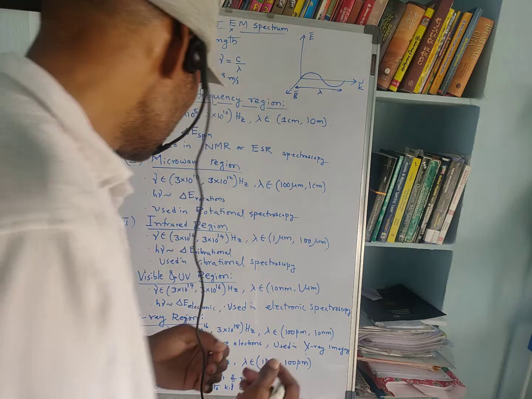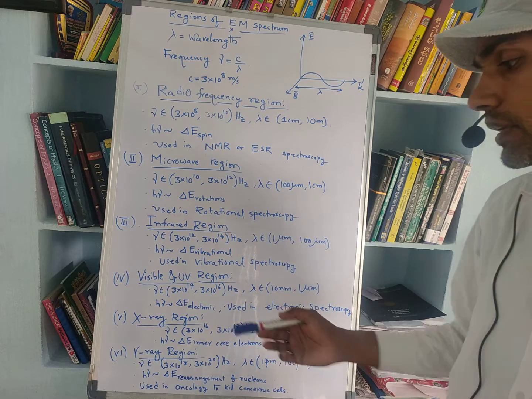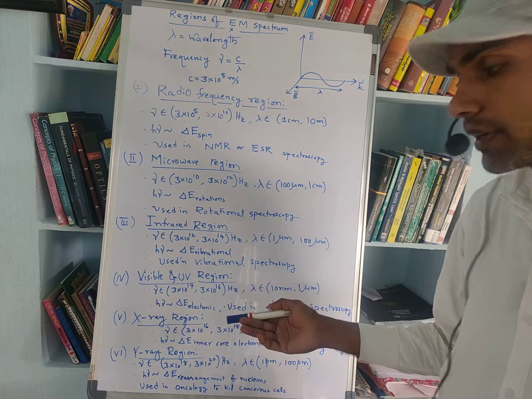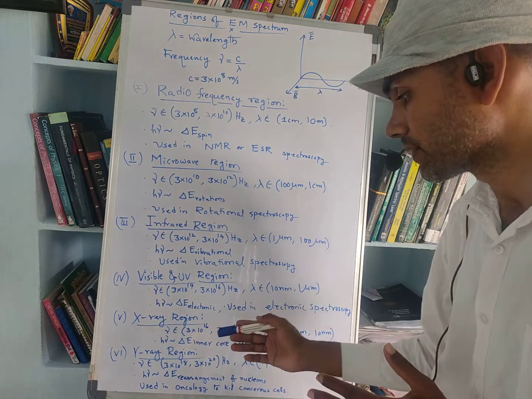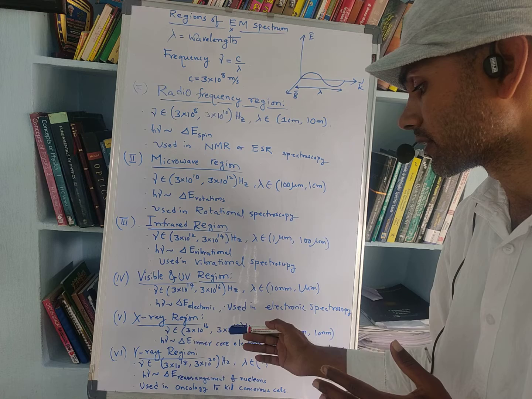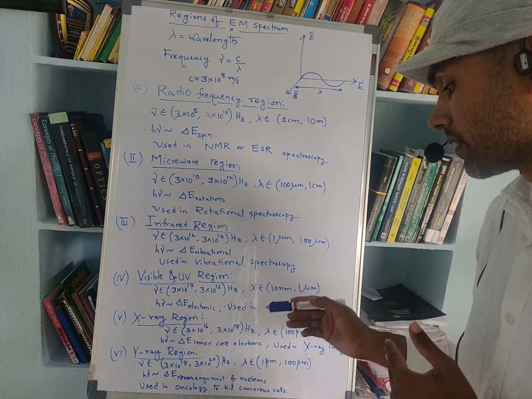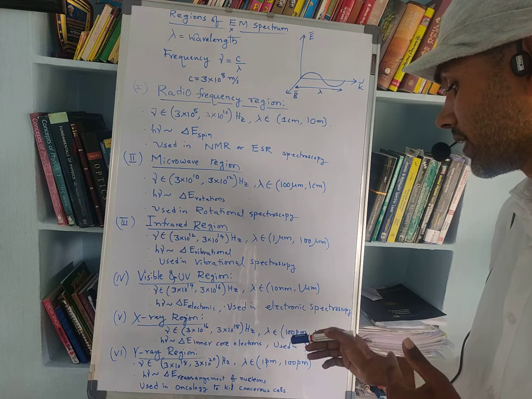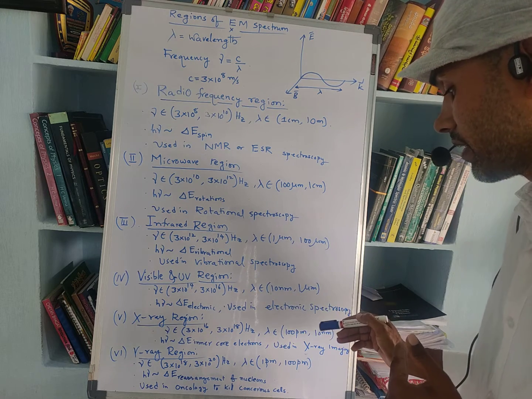And the fifth region of electromagnetic waves is the X-ray region, in which the frequency of the photons of this region will be between 3 into 10 power 16 hertz and 3 into 10 power 18 hertz, and the wavelength of these waves will be between 100 picometers and 10 nanometers.